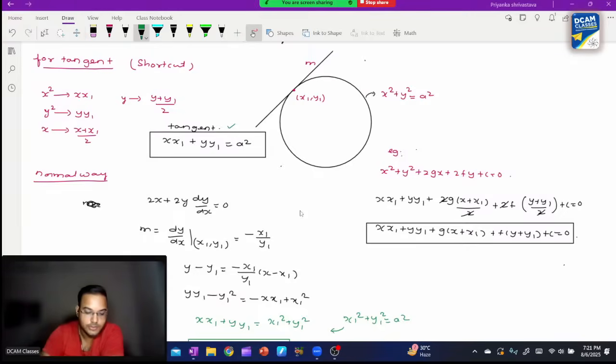So first try to solve this question. It's not much difficult.